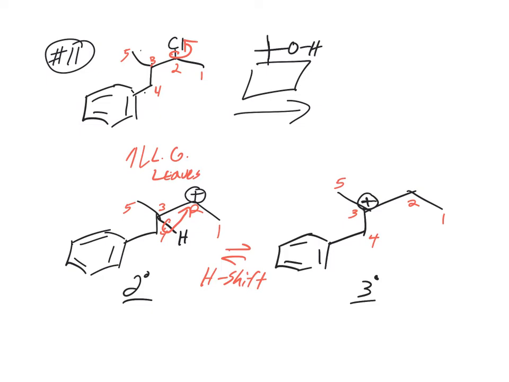Resonance beats hyperconjugation, right? Just like we're doing Zaitsev's rule, resonance beats Zaitsev's rule. So we'd rather do another shift here, where we're going to shift another hydrogen, and this time on carbon 4.